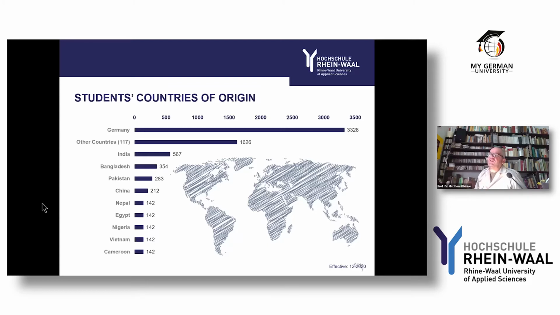There are 117 other countries where the international students are coming from, really widespread from all over the world. This is the message I want to give you.